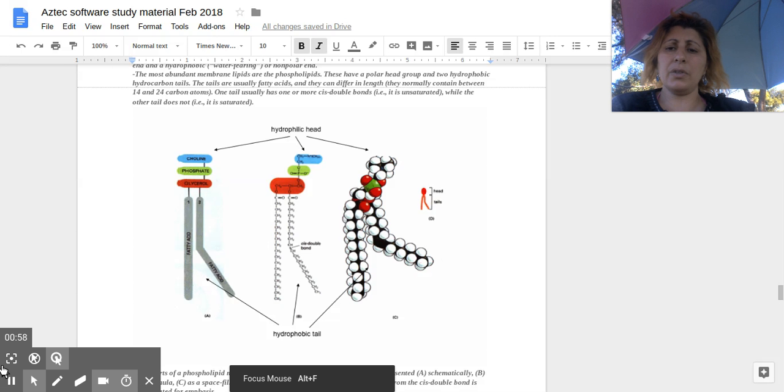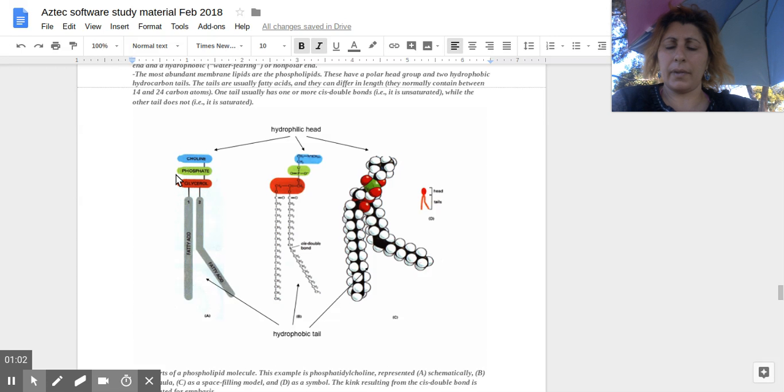So the phospholipid molecule has a glycerol backbone, and on one side the two fatty acid tails, which are nonpolar, and on the other side a phosphate group and choline, which are the polar head group of the phospholipid molecule.